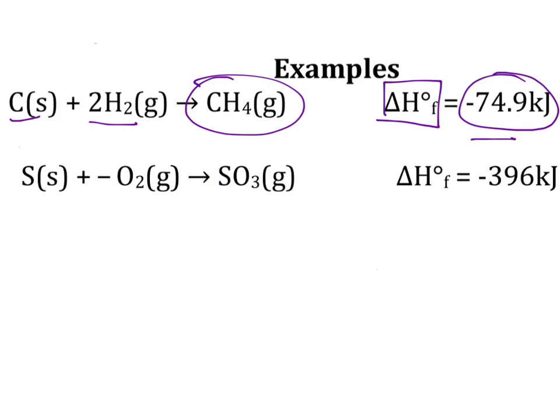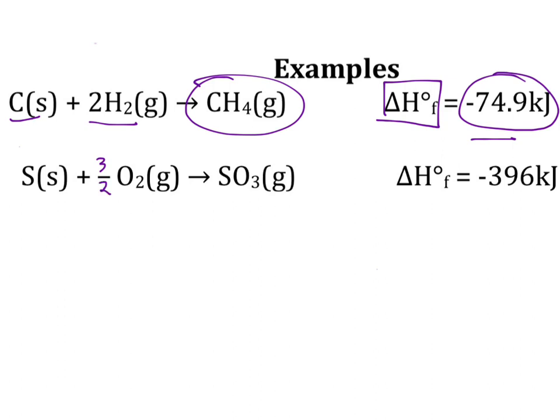However, the definition of the heat of formation of a substance states that it's the heat that is released or absorbed when 1 mole of substance is formed. And so this always has to have a coefficient of 1 when we're talking about the heats of formation. So the only way to actually balance this equation while keeping this a 1 is to put a fraction here, 3/2.